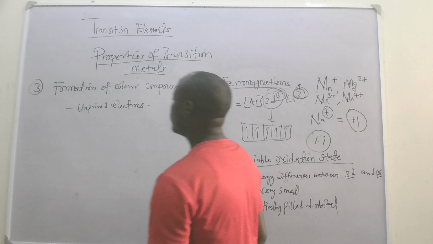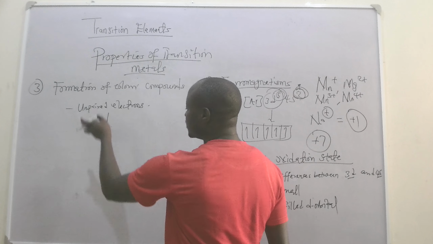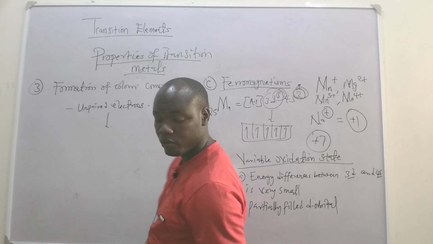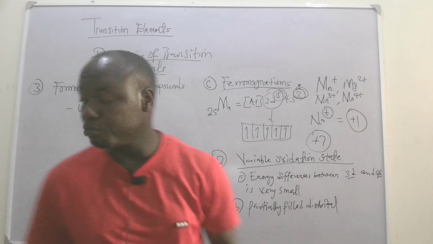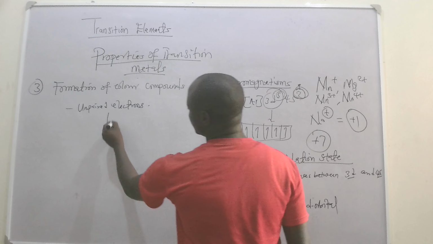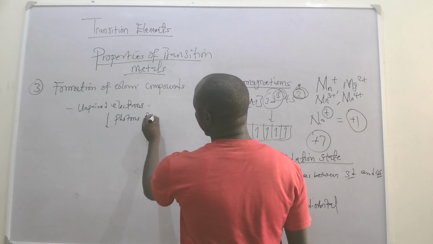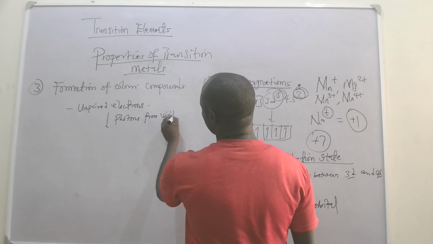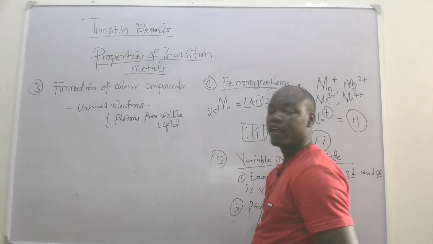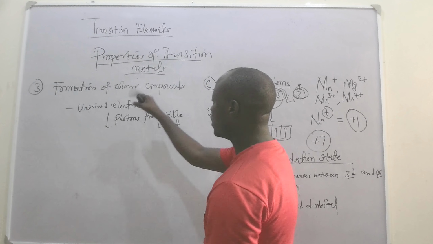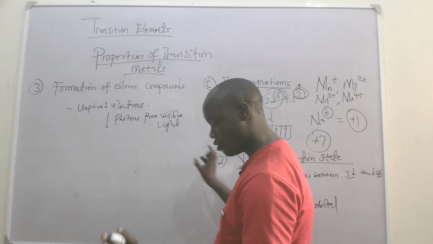What usually happens is that these unpaired electrons in the transition element absorb photons from visible light and move to higher levels, and that makes them form color. So this is the reason why transition elements form color.